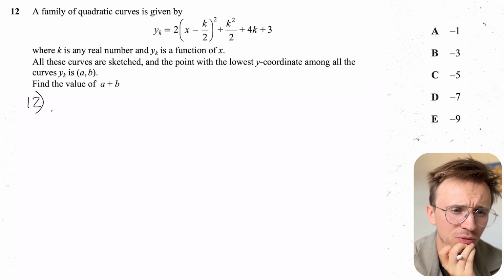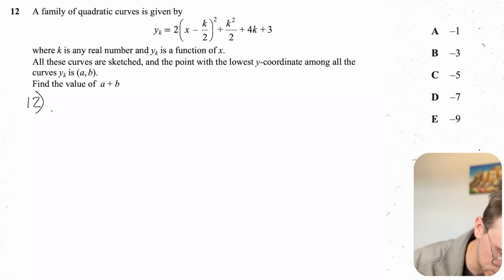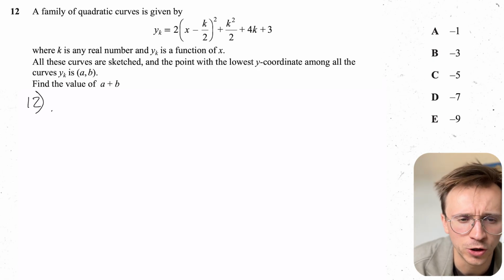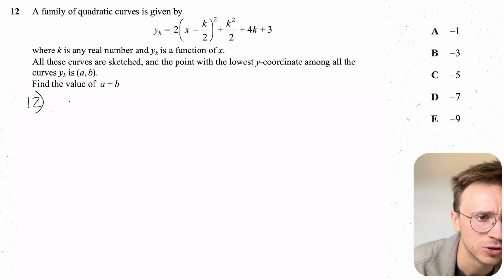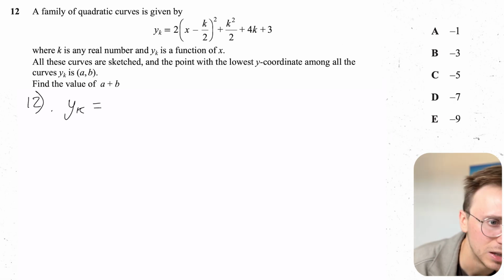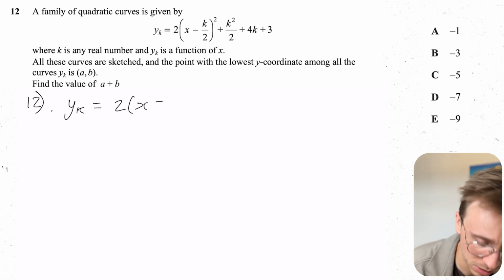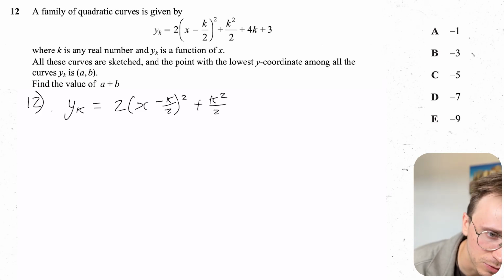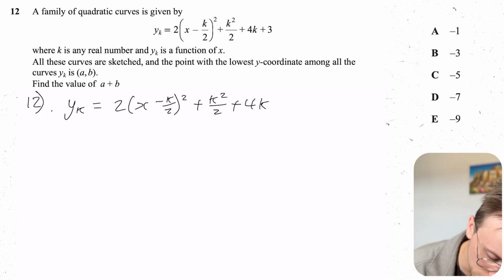So I'm just essentially finding the minimum for any k of any curve. Okay, so that's easy. Lowest point y coordinate, so I'm just finding the minimum. So y_k equals 2 times (x minus k over 2) squared plus k squared over 2 plus 4k plus 3.